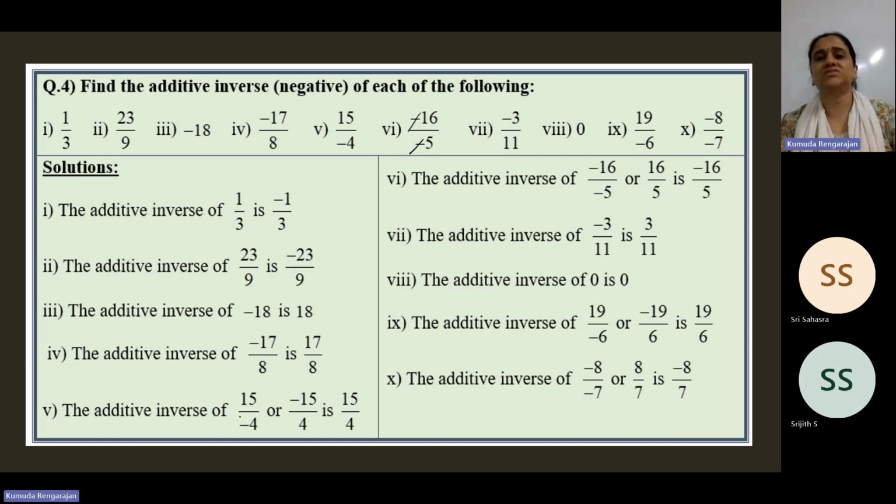Now this is the question, 16 by 5. Now change the sign, write the opposite sign, minus 16 by 5. When you're cancelling the minus signs, you're simplifying the question. So 16 by 5 is the question. Negative is minus 16 by 5.